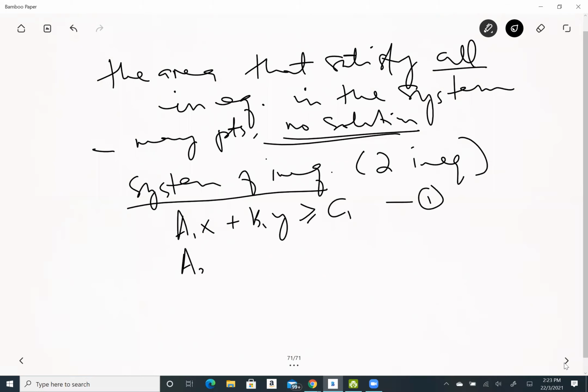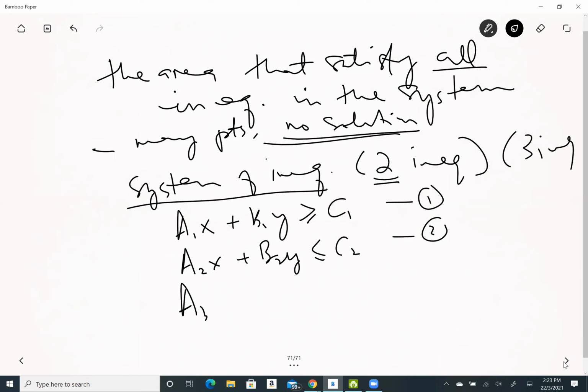And then you have a2x plus b2y less or equal to c2, that is number two. Or if you have three, then you have another one, a3x plus b3y bigger or equal to c3. Then you draw everything on the same graph.